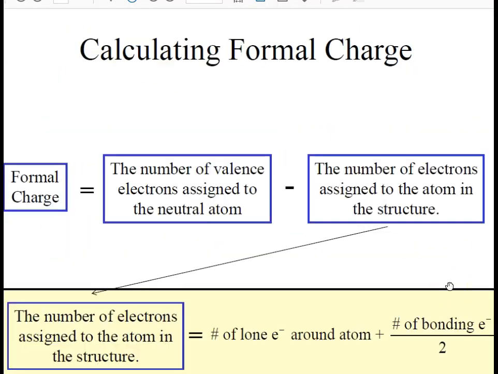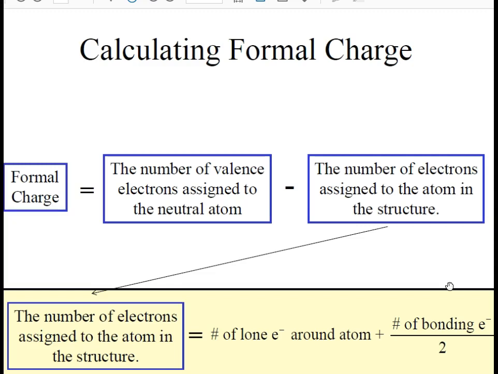Alright, so first off, how do you calculate formal charge? Formal charge is simply the number of valence electrons that were assigned to that atom. So how many valence electrons does that atom have according to the periodic table? How many valence electrons did it bring in to the compound? Minus the number of electrons that are assigned to that atom in the Lewis structure.